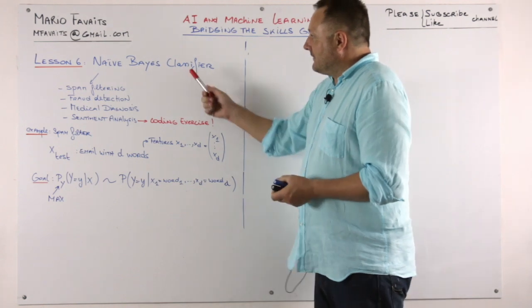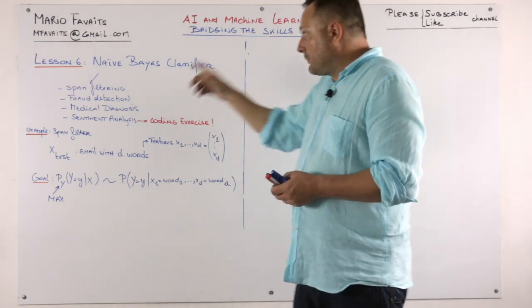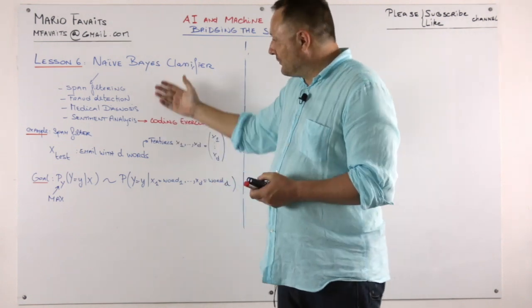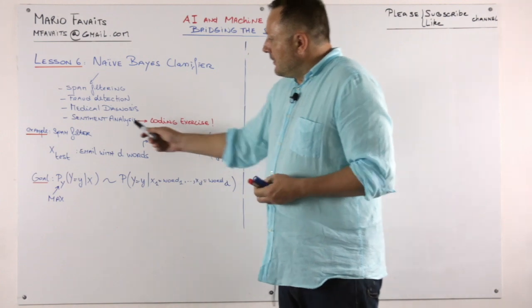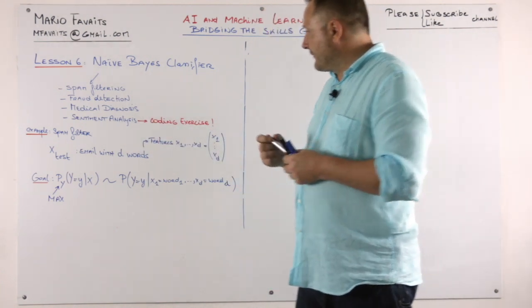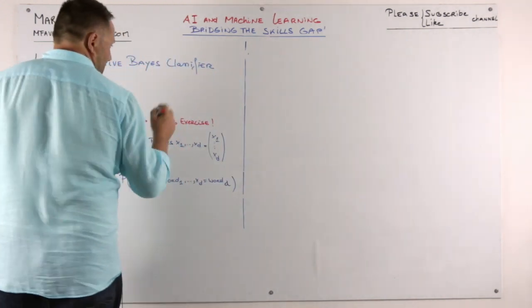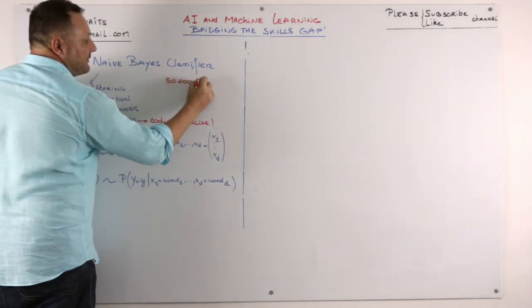Okay, let's now dive into the naive Bayes classifier. Very popular for spam filtering, but also as a baseline for other applications. We will do a coding exercise on sentiment analysis, and we will look at 50,000 movie reviews.